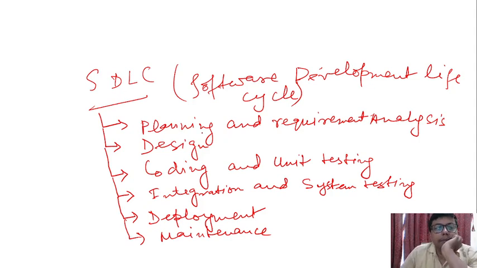See, in order to develop a particular software, what happens? You need to have proper planning. How many modules or functional units will be there in that particular software? What would be the operations for each of those functional units or modules, and all this kind of thing?